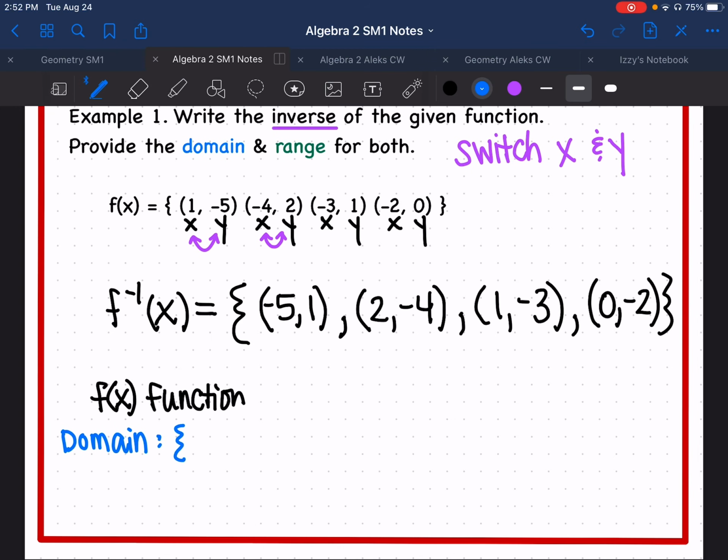We're going to list them in set notation, which means we start with the squiggle, and we put them in numerical order from smallest to largest. So the smallest x value I see, remember I'm only looking at these ones right here, would be the -4. So I'm going to start with -4, comma, then -3, then -2, and then +1. They must be in order from smallest to largest.